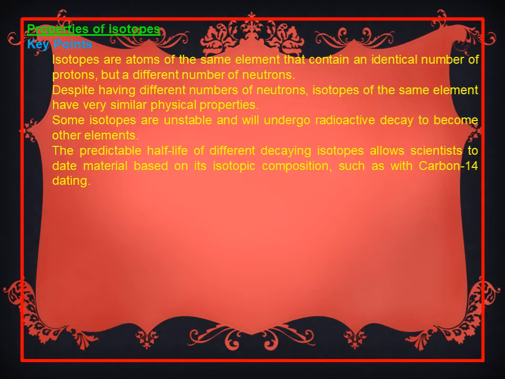Some isotopes are unstable and will undergo radioactive decay to become other elements. The predictable half-life of different decaying isotopes allows scientists to date material based on its isotopic composition, such as with carbon 14 dating.